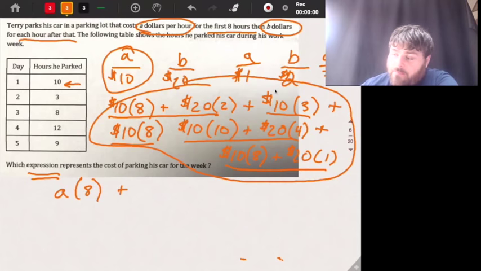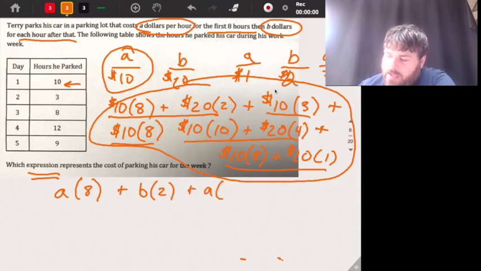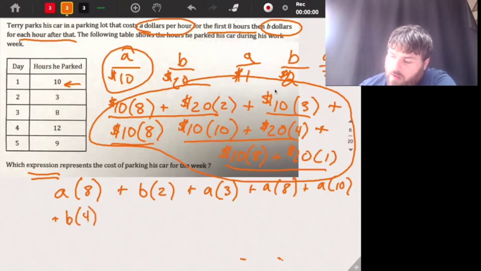That's the cost of B. So B times 2 plus. Every time I see a 10, I'm going to put an A. So A times 3 plus A times 8 plus A times 10 plus B times 4 plus A times 8 plus B times 1.